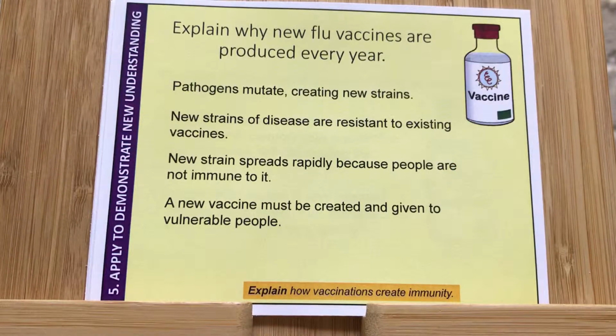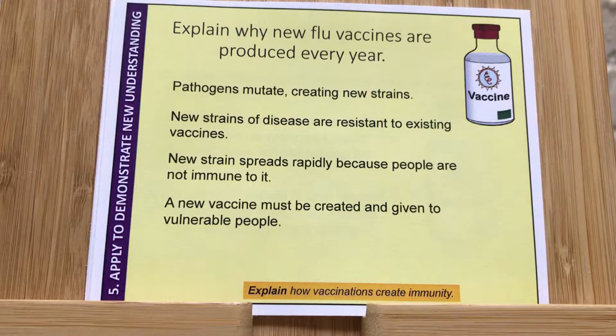So let's look at this question then. Why is it that the flu vaccine is administered every year, whereas something like chickenpox, once you've had it, it's very unlikely you'll get it again? And that's because chickenpox doesn't mutate, it doesn't create a new strain each year, whereas the flu, you become immune to one version of the flu, one strain of the flu, and then it mutates.